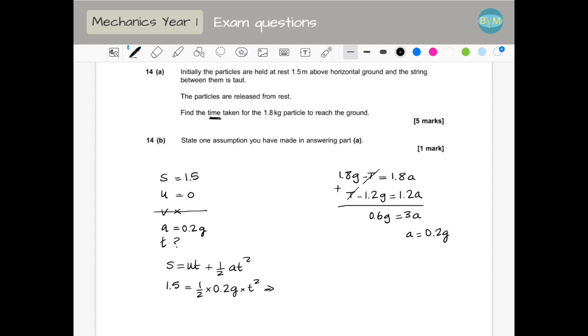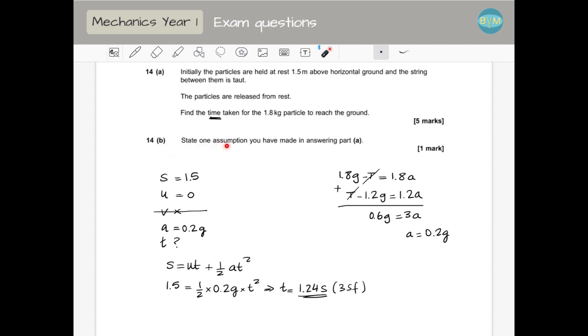Knowing that g is 9.81, we find that t is 1.3237 something. I'm going to round to 3 significant figures. Do they ask me something? No, so 1.32 seconds to 3 significant figures. I get a negative value when I do the square root, but negative time doesn't make any sense.